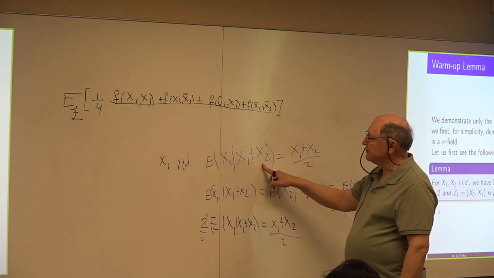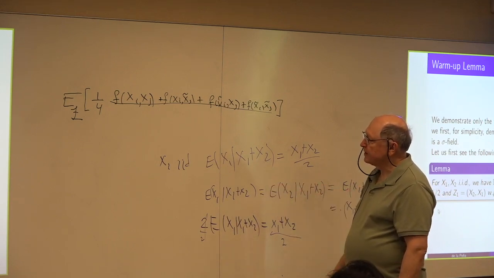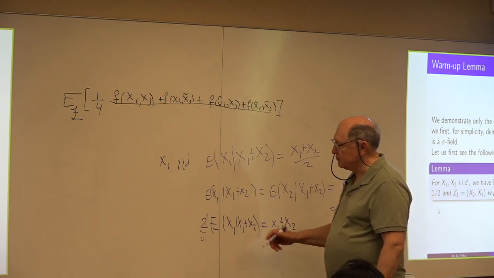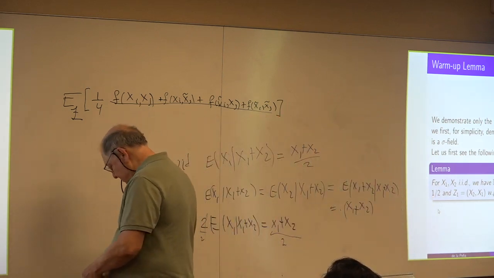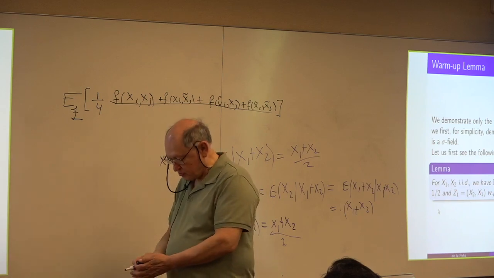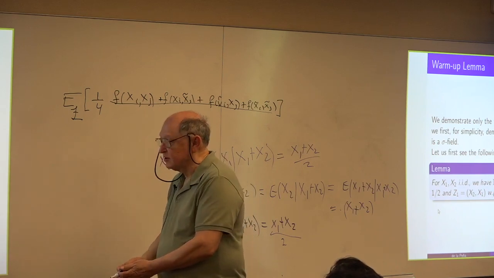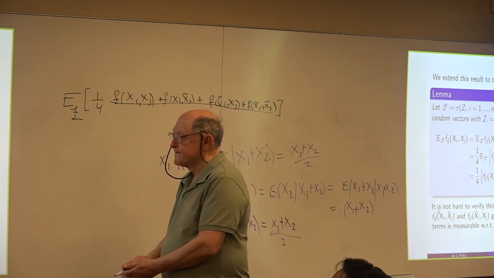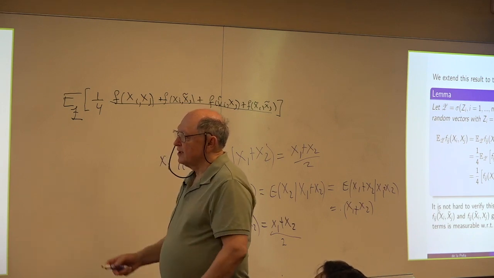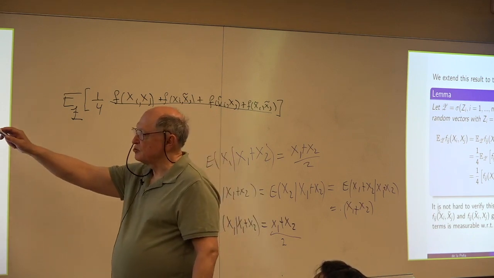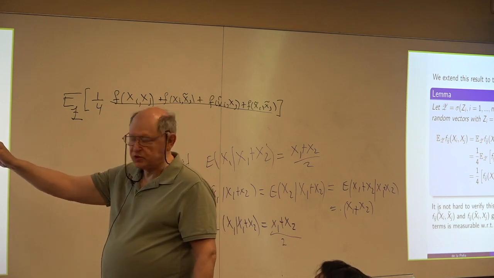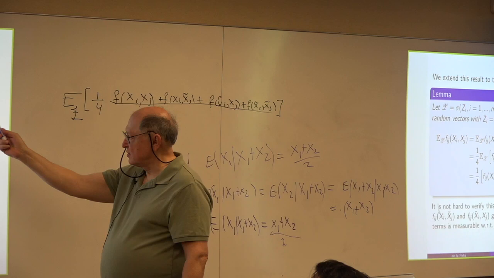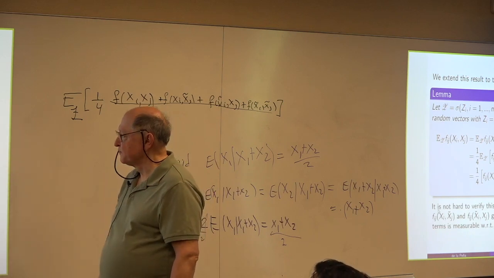I'm going to prove the following lemma using a similar technique. Again, suppose that you know the values of xi tilde, but not which one is which. That's what the zi's are telling you.